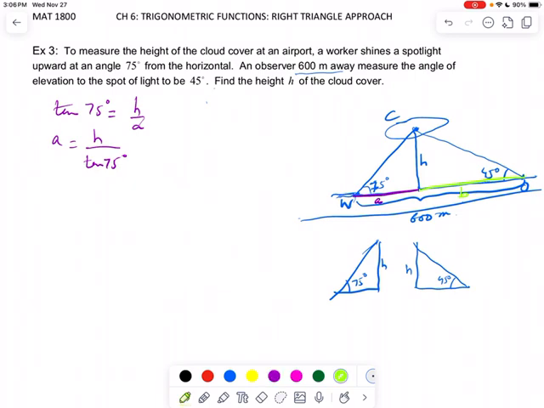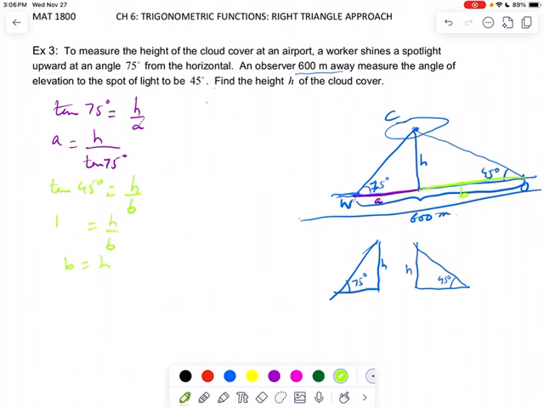Tangent of 45 degrees is equal to h over B. Now we know the tangent of 45 is 1. So 1 is equal to h over B, so that B is equal to h. So B and h are of the same length.